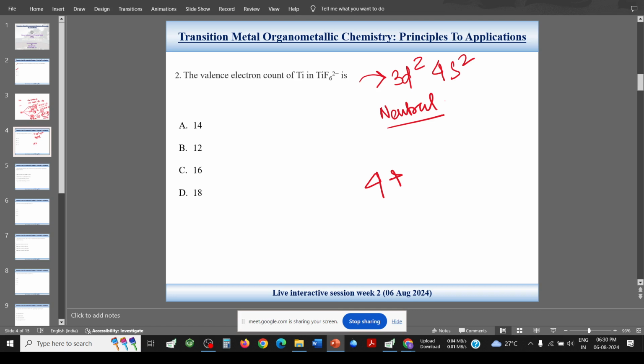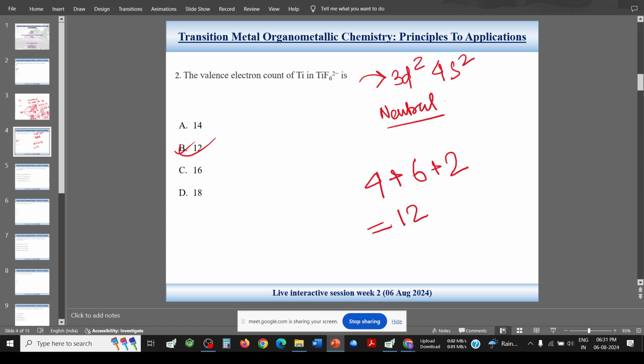So it will be 6, and it has a negative charge. For the negative charge we have to add electrons, and for the positive charge we just subtract the charge. So total number of electrons will be 12. So for this question 12 will be the right answer.